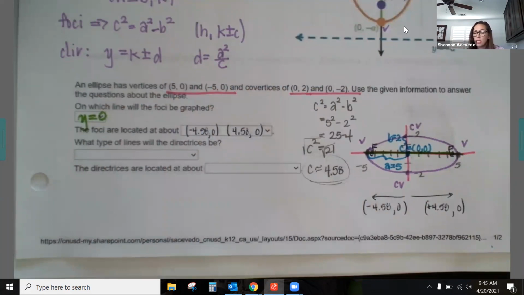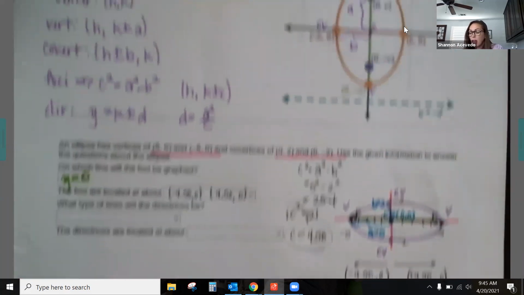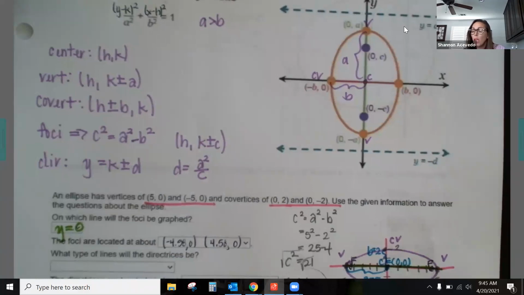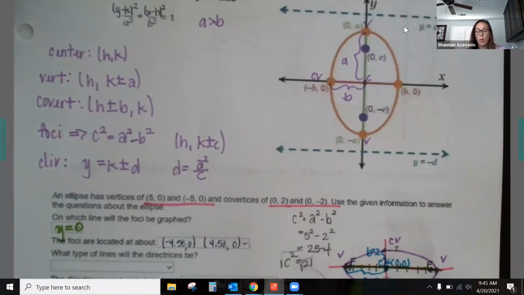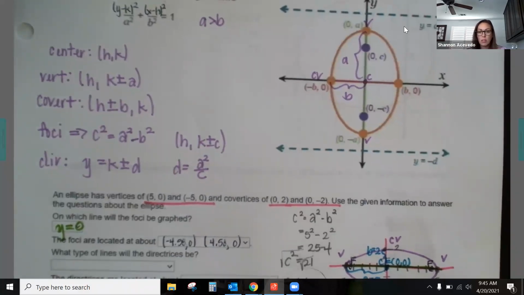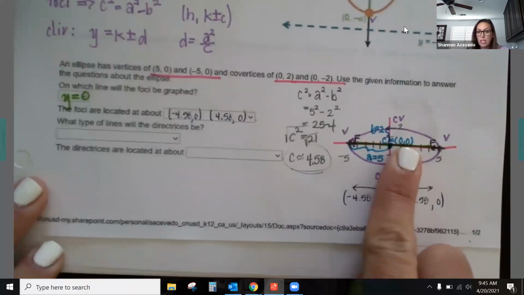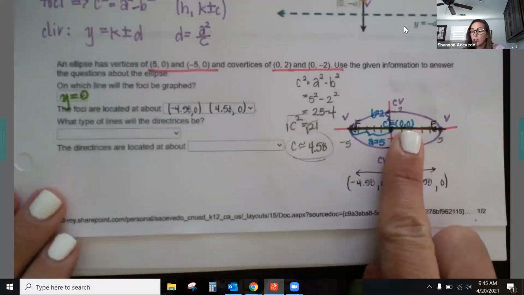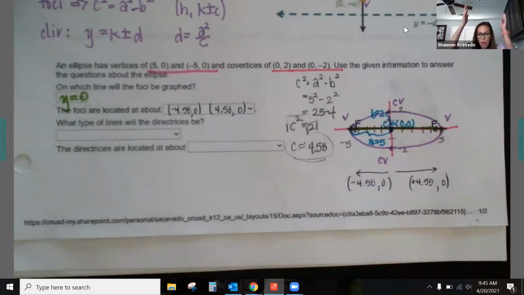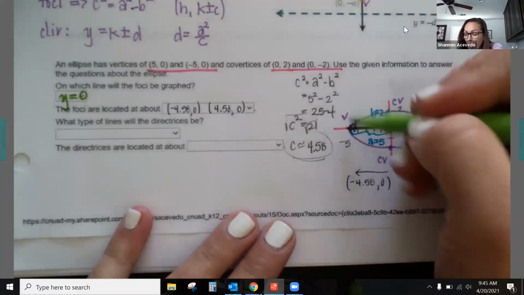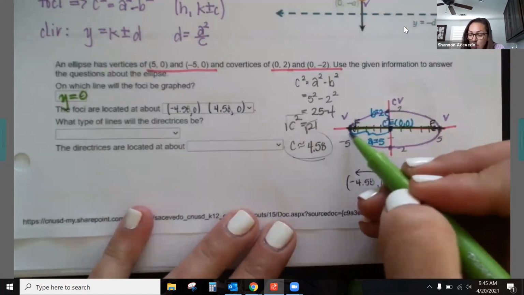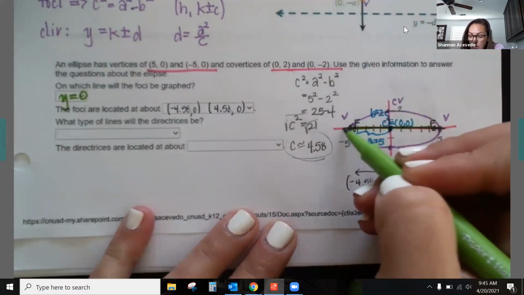My next question says, what type of lines will the directrices be? Well, if we have an ellipse that's going horizontally, then the directrices have to go vertically, because remember, directrices are the same distance from my vertex to that foci as it is in the other direction.